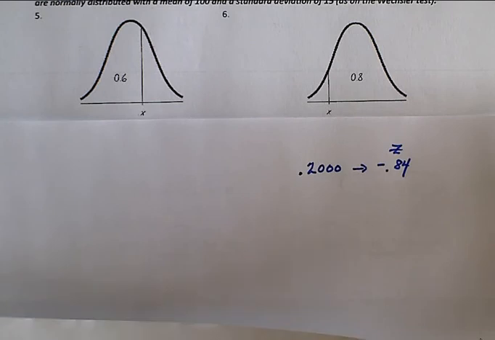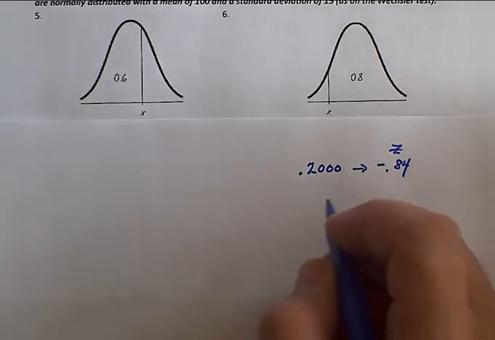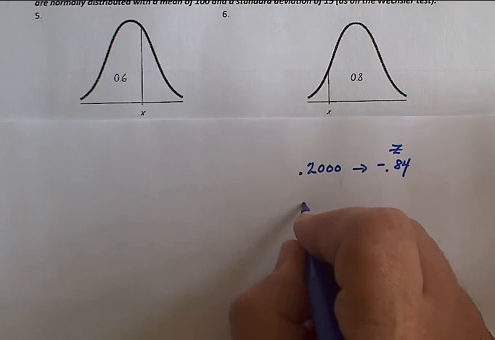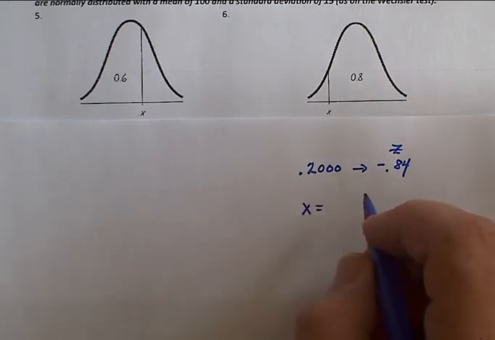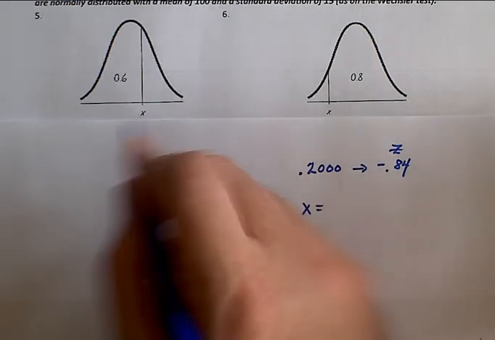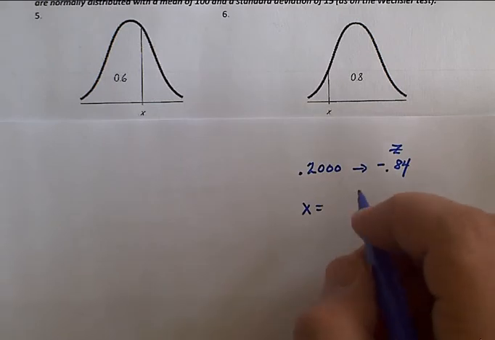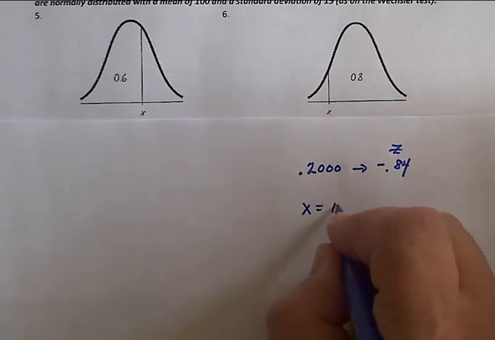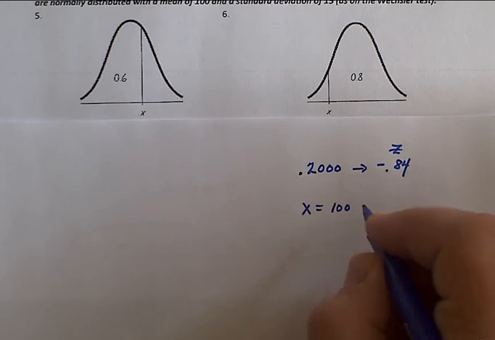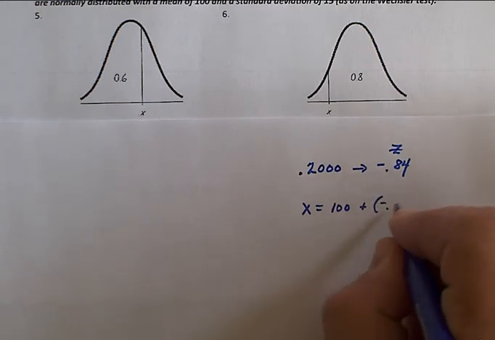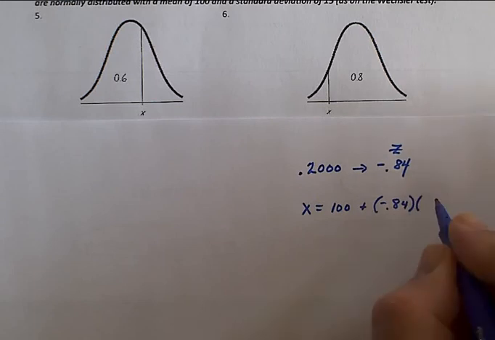Now that I have a z-score, I can use that other formula. Okay, so x equals mu. We're still doing those IQs, so that will still be 100, plus the z-score times the standard deviation.